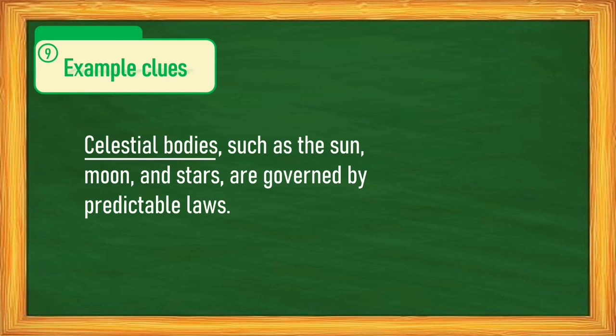Now, we have the presence of the expression such as. So we would know that the next expressions are the examples of the celestial bodies. So when we say celestial bodies, these are the sun, the moon, and the stars. So we will have an idea of what celestial bodies mean.